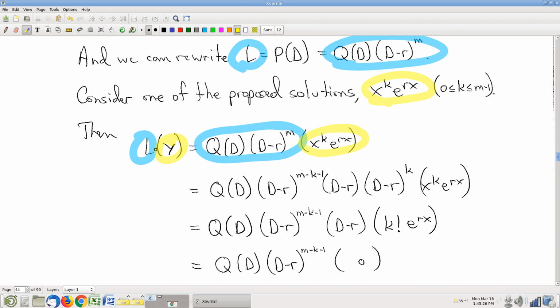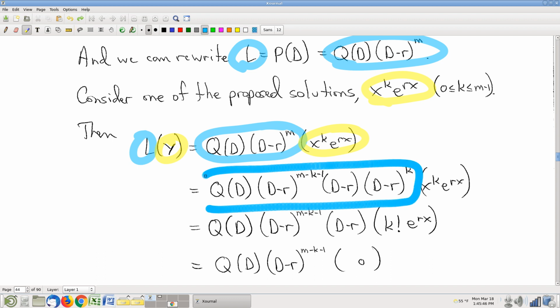Recall what we agreed above: each D minus r pretty much just kills a factor of x. Let's spread out our D minus r's like that. Here's our y. These D minus r's just kill those copies of x.